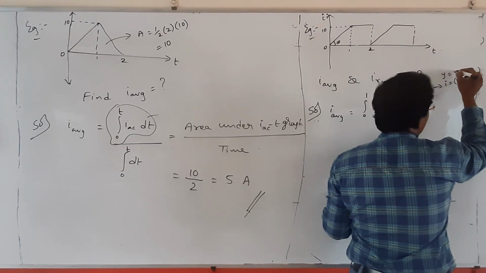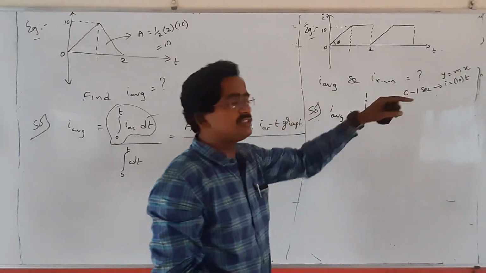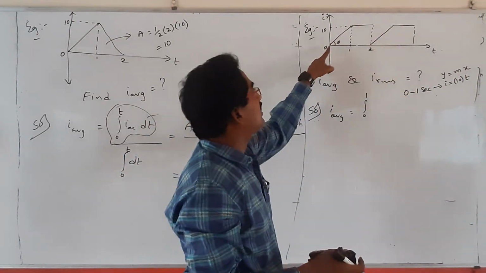It is in the form y equals mx, and c is 0 because the straight line goes through the origin.